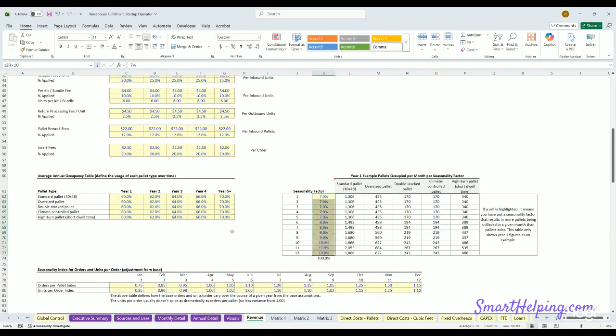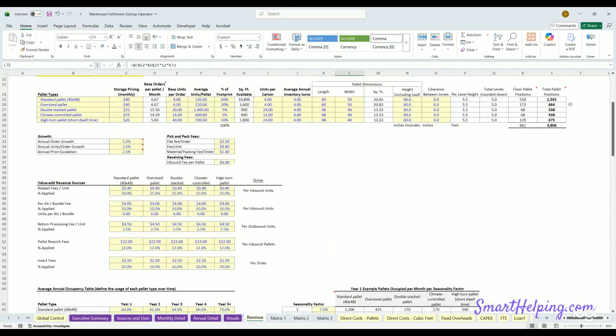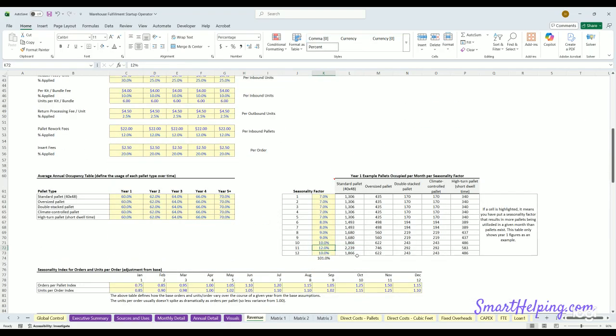So seasonality, annual occupancy. Now what happens, let's say month 11, we want to say this is 12%. Okay, 2,200 slots, still good. We have 2,600 available. Say we go to 15, oh, now it's red. And it's red for all of these.